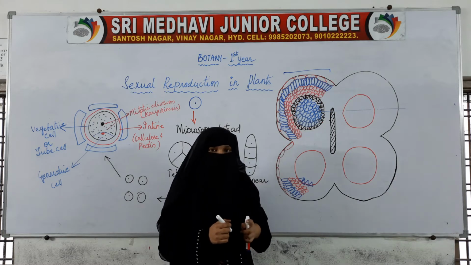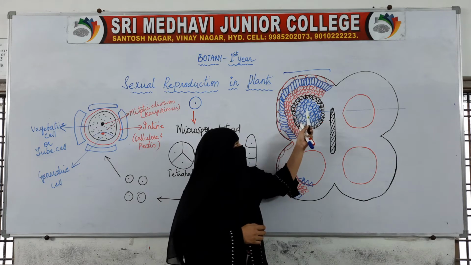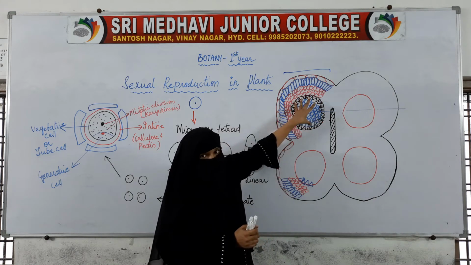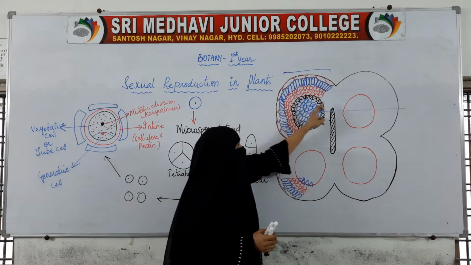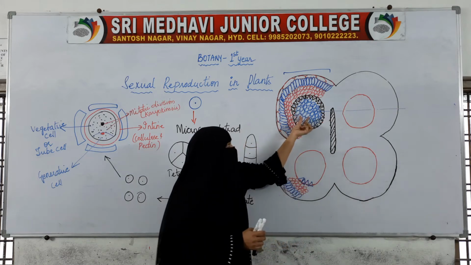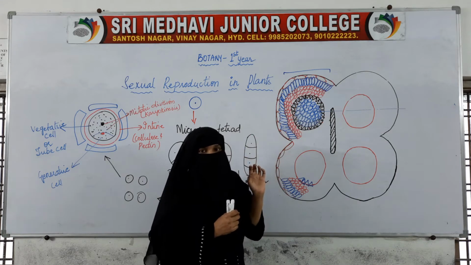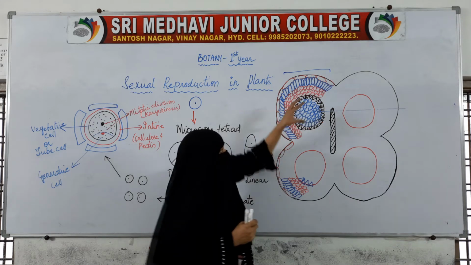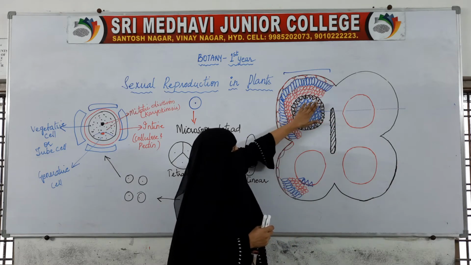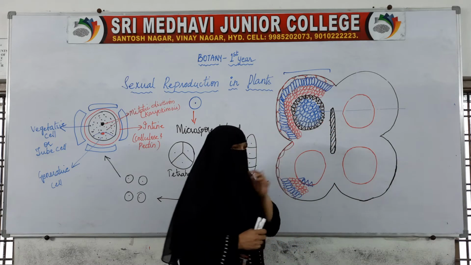With the help of this dense cytoplasm, nutrition will be provided to the sporogenous cells, because inside these sac-like structures, the microsporangia, we have cells which are compactly arranged. The cells will be present in this also, and in this also.